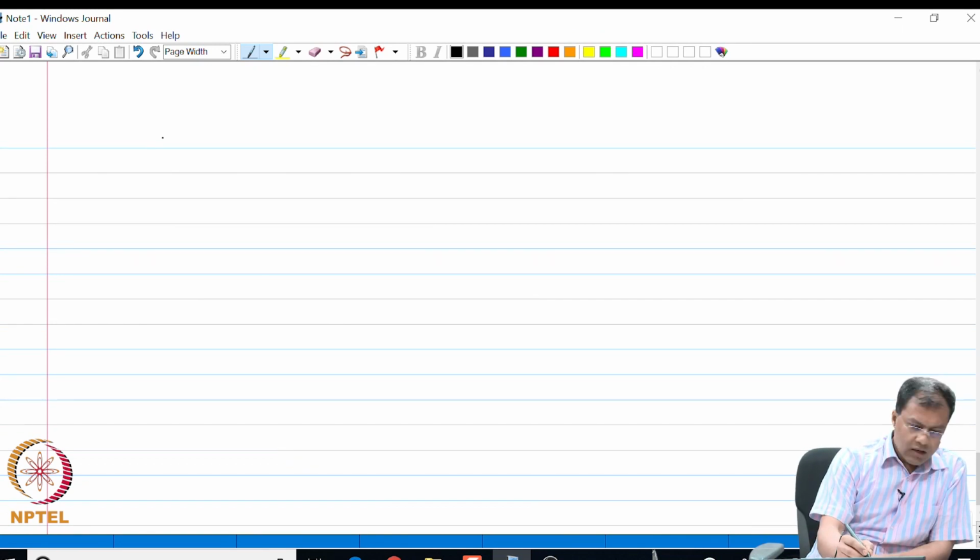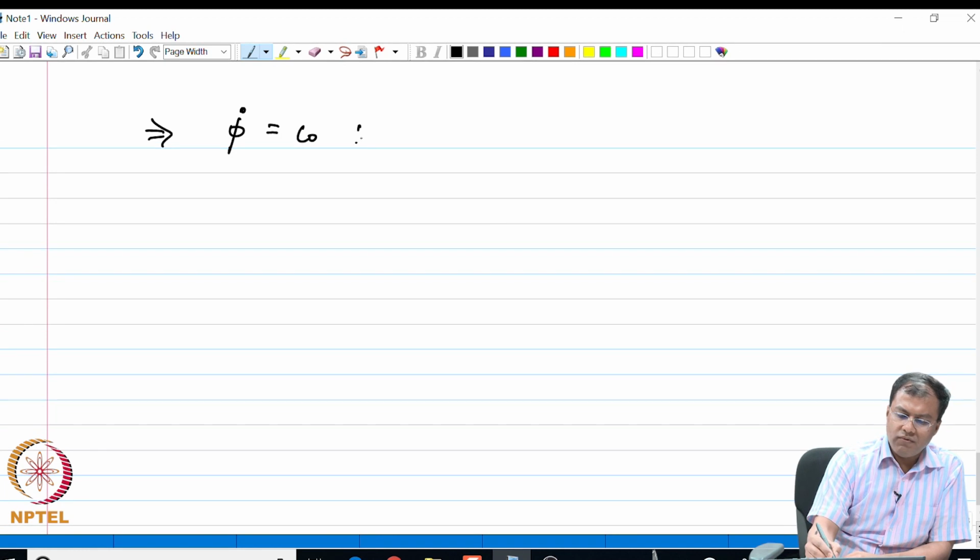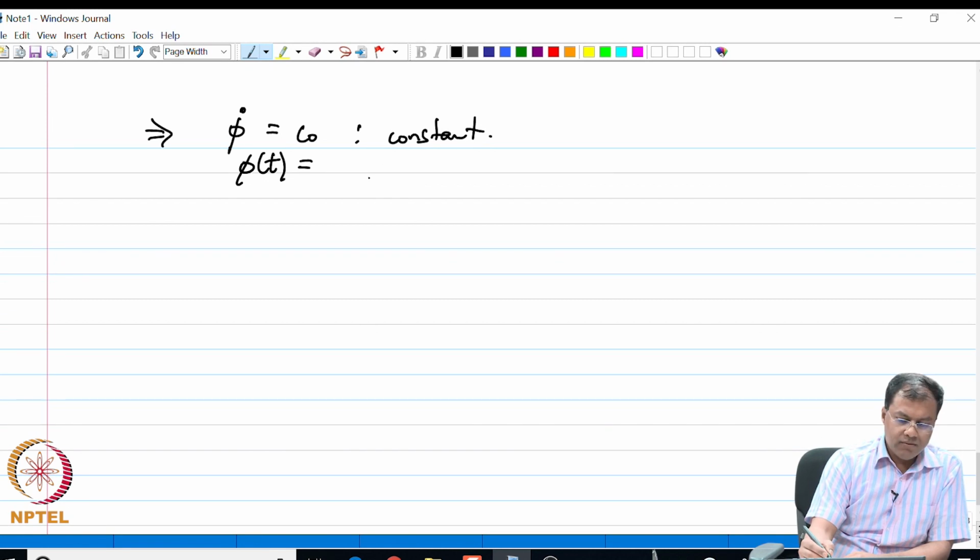So, the conclusion is that phi dot is equal to C naught, which is a constant, or phi of t, the parameter, the substituting function phi of t is C naught t plus C 1. So, it is a linear relation in t.